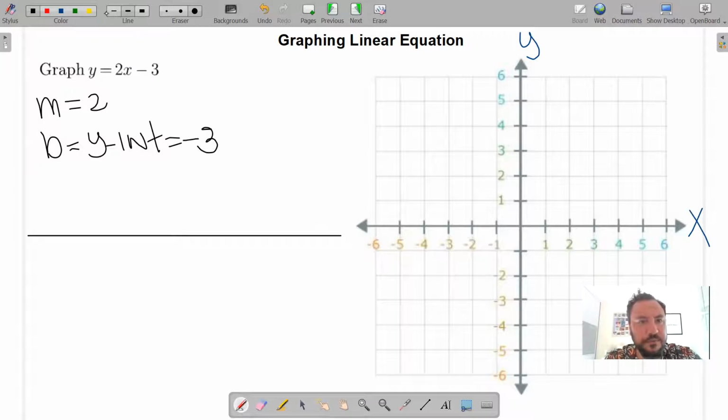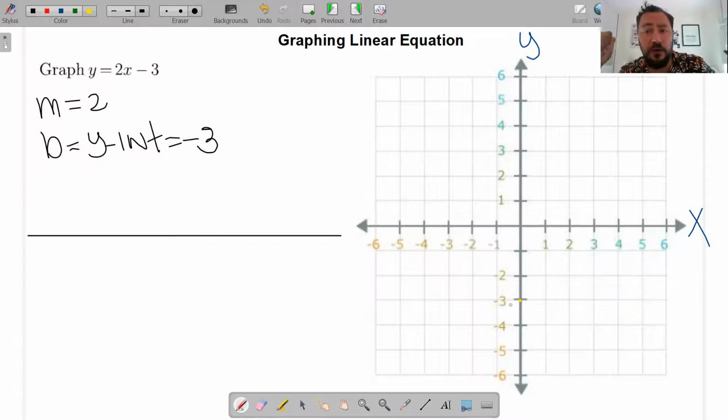And we start from here. -3 is a point of our line, right? So our line will pass through this point. From this point now, we will use our slope to figure out where this line is going to go. Since the slope is positive, that means that we're going to move one step to the right on the positive side of the x-axis.